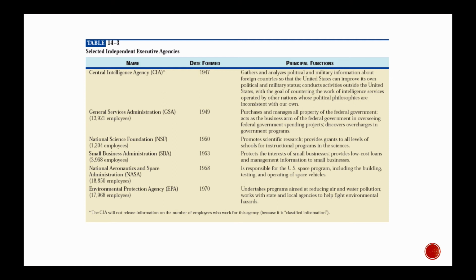And you can see there's a lot of these kinds of independent agencies. The CIA works that way. Now there's a long kind of conversation we can have about intelligence gathering in the United States, but just know that in this case, the CIA is its own independent executive agency, while, for example, the FBI is part of the Justice Department.